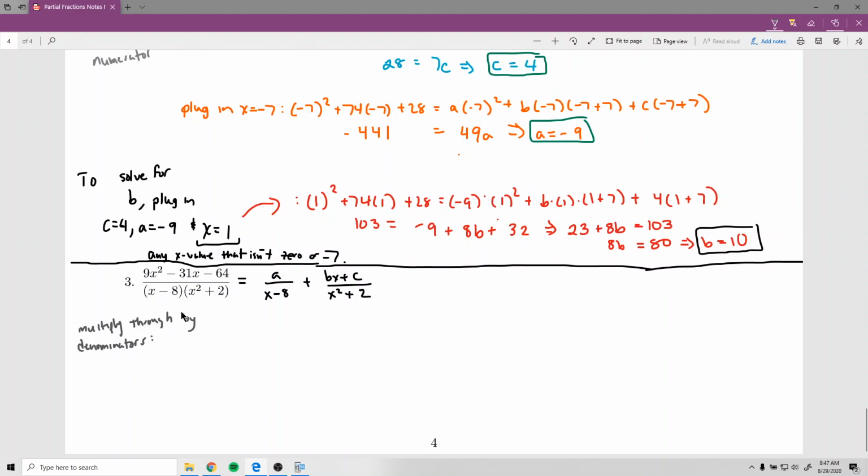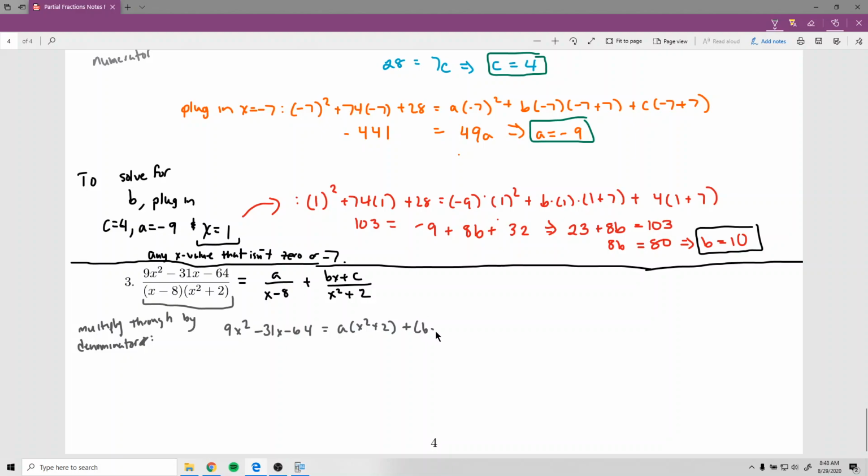All right, so we're going to multiply everything by (x minus 8)(x squared plus 2). When we do that, the left side we're just left with the numerator, 9x squared minus 31x minus 64. And then on the right, when we multiply (x minus 8)(x squared plus 2) to the first fraction, the x minus 8's cancel, and we got A times (x squared plus 2).